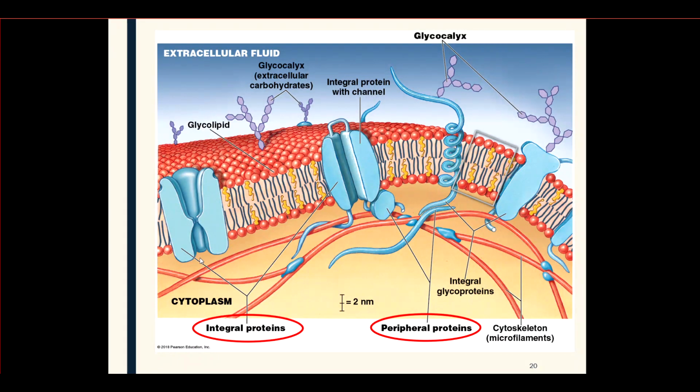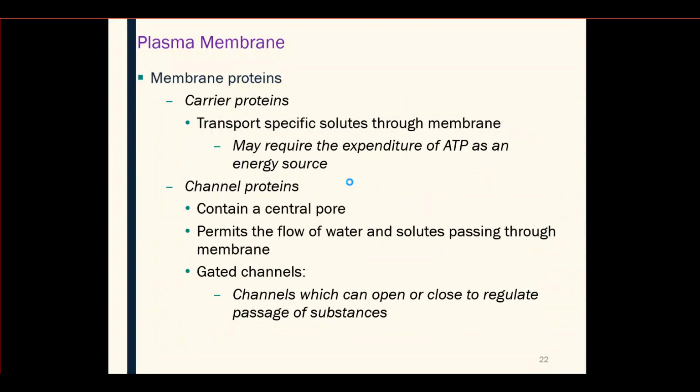But sometimes there'll be a tunnel, let's say, that has a gate, right? You got to pay a toll, then the gate will open and then you can drive through. So look at this one here, it's closed, right? We would have to open it to allow things to pass through and then it would close up again. This would be an example of a gated channel. But notice, guys, whether it's a gated channel or an open channel, these are proteins that are functioning as carriers or channels.